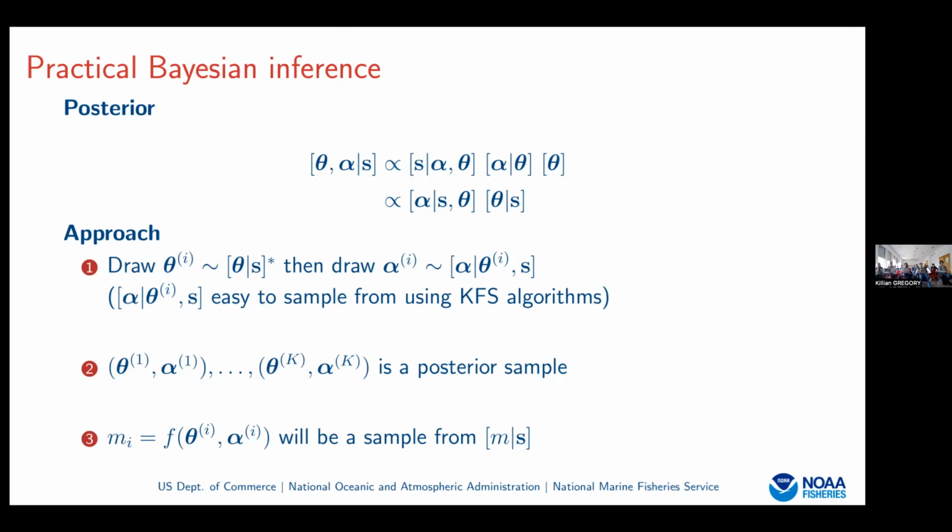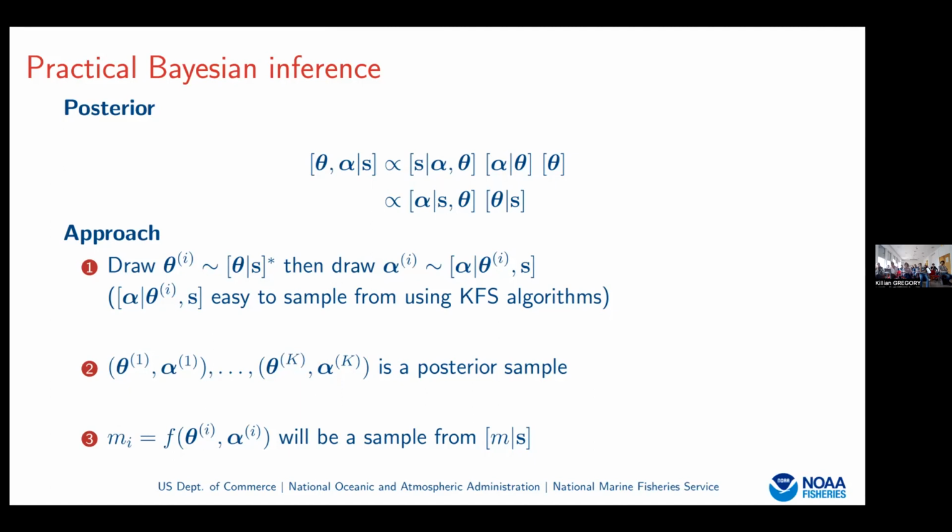But you can actually rearrange it proportionally to look like something like this: the conditional distribution of the state given the locations and the parameters, times the posterior of the parameters themselves. Even though it may not look like it at all, this makes it a little bit easier to come up with something computationally efficient to draw those tracks.